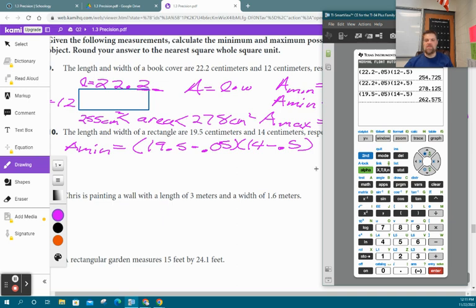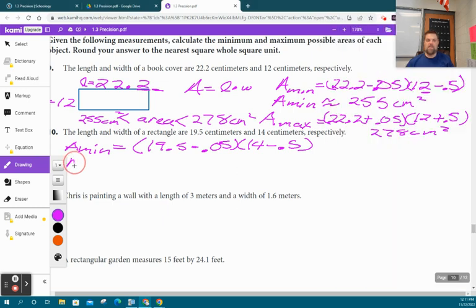Now, what's the least precise measurement to the one spot? If I round that to the one spot, what does it equal? 263, right? So our area minimum is about 263 centimeters squared.